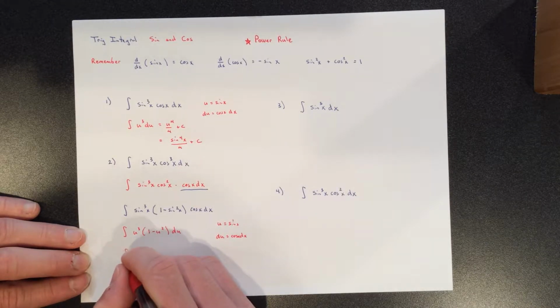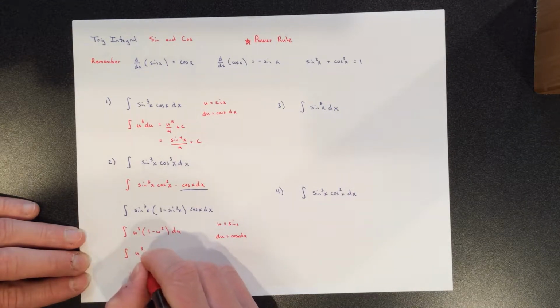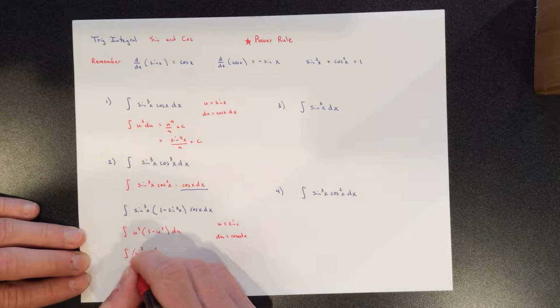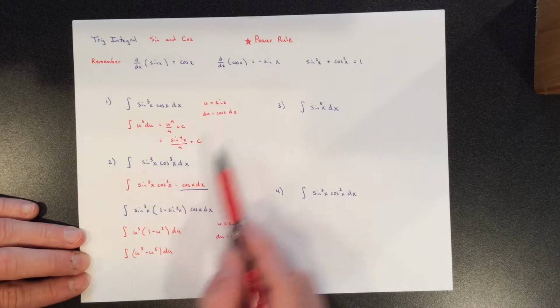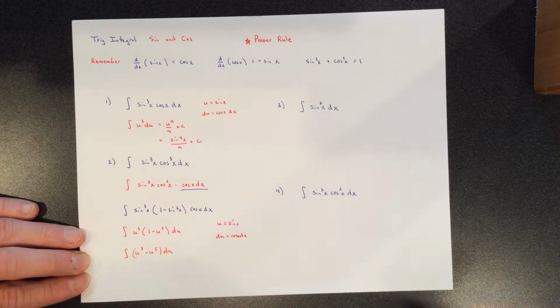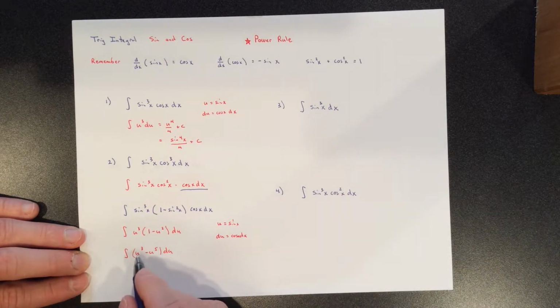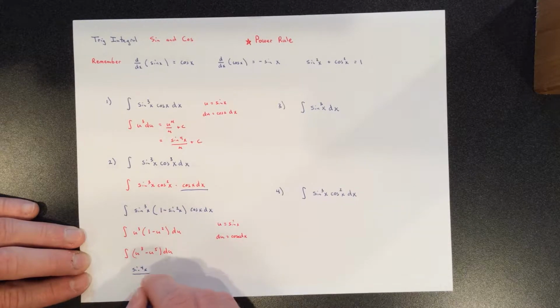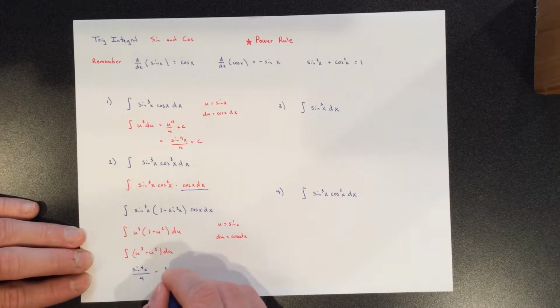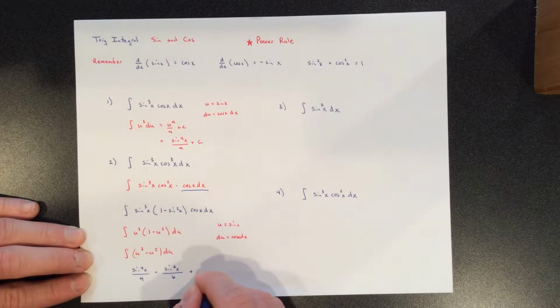And so this whole thing is then the integral of u cubed minus u to the fifth du, and I changed successfully the trig integral into some easy power rule. This integral then is going to be u to the fourth over 4, so that's sine to the fourth over 4 minus sine to the sixth over 6 plus c.